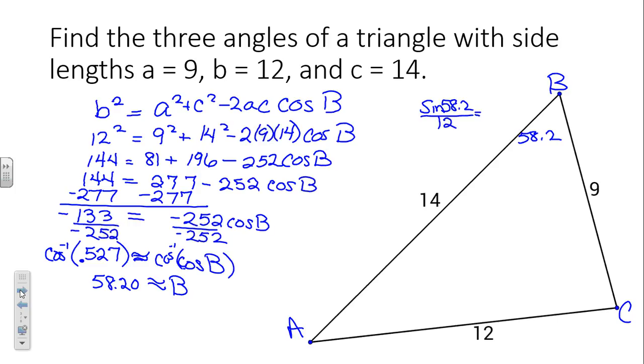Now which one are we finding next, A or C? A. So sine of A over 9. And so the sine of A is going to be approximately what?